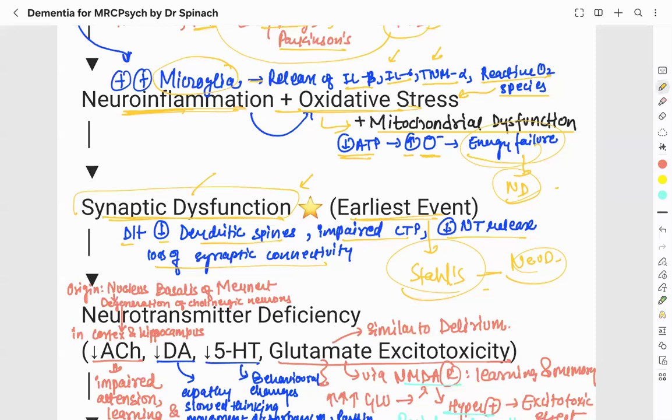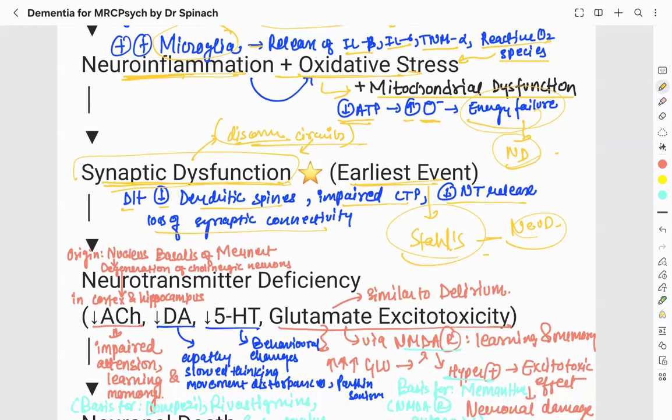Synaptic dysfunction is basically disconnection between different circuits or lobes of the brain.